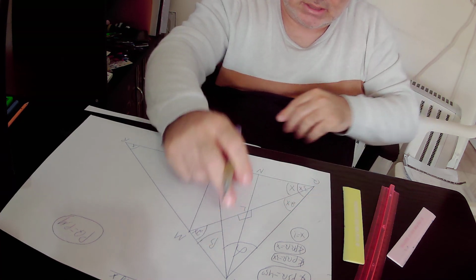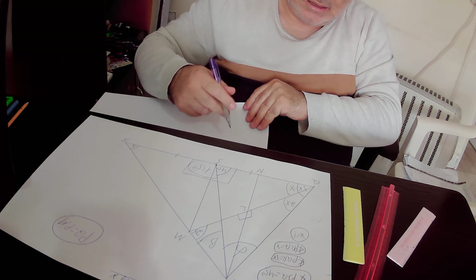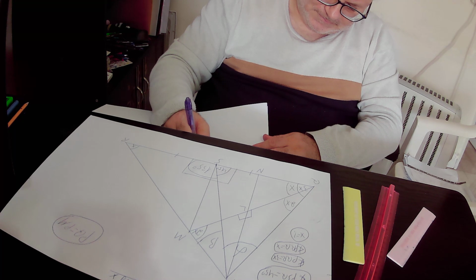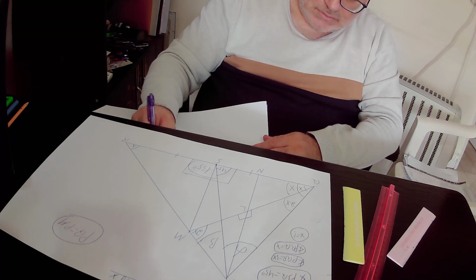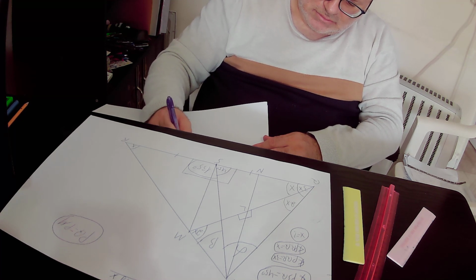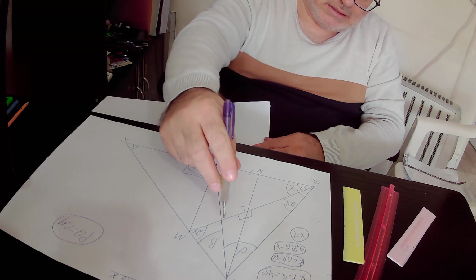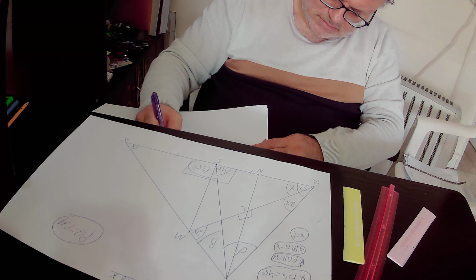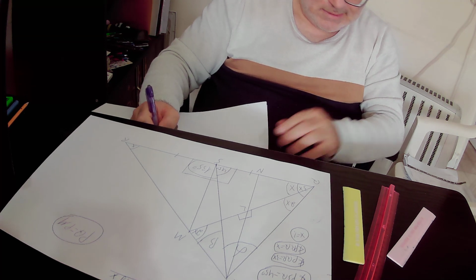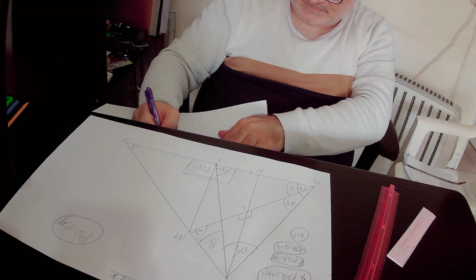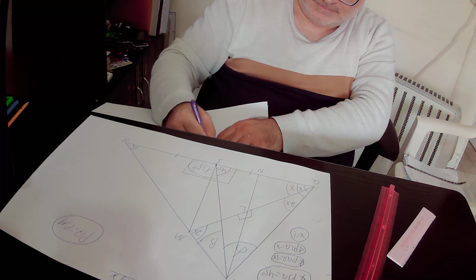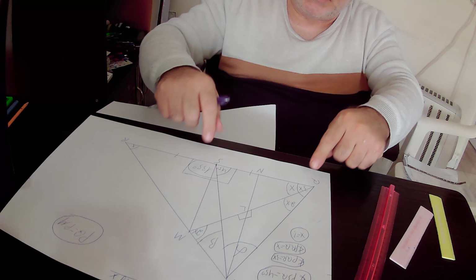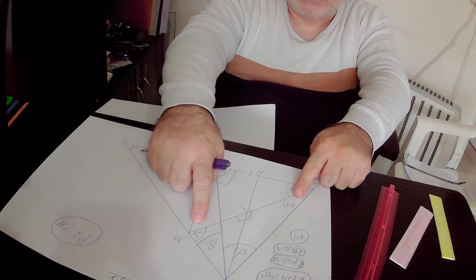We will focus on triangle QPL, and also this triangle PLM. In those two triangles, we have two angles that are equal to each other. They are both equal to 2x.